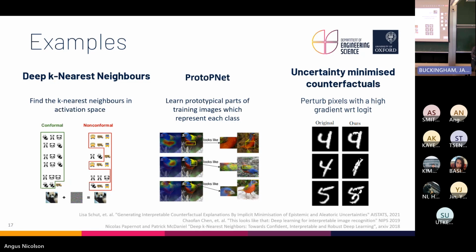What do we need to change about this image to make it a 1? Or what do we need to change about this 5 to make it an 8? And this method generates some counterfactuals to show you what the minimum change to do that would be. And that frankly is very related to saliency because it looks at that gradient and perturbs the pixels with the highest gradient.